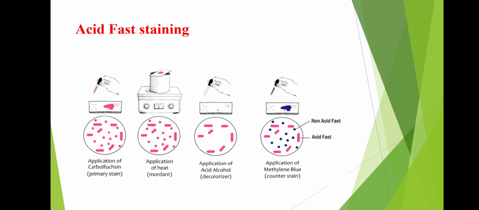We are using heat as the mordant in acid-fast staining, to fix the stain and aid interaction between the cells and dye. The decolorizing agent is 20% sulfuric acid and the counterstain is methylene blue. The cells will appear: acid-fast bacteria are pink in color and non-acid-fast bacteria are blue in color.